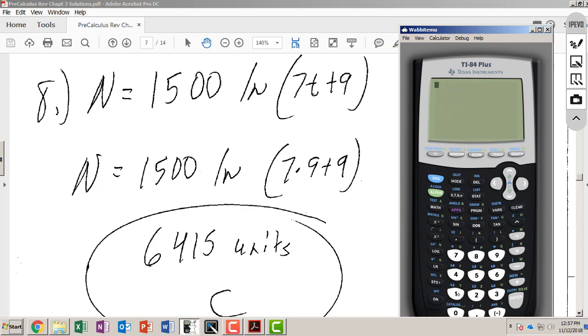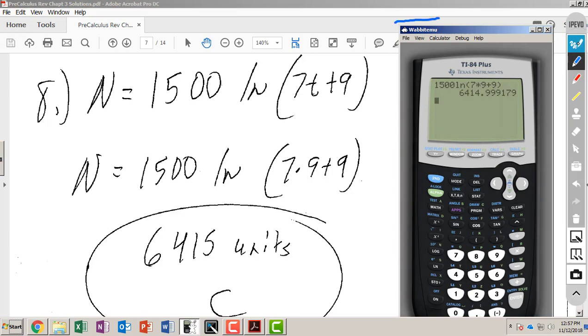So I've got 1,500, and then ln, and then type in 7 times 9 plus 9. Hit enter, and it looks like your answer comes out to be 6,414.99. So that's going to round off to 6,415 units. So that answer looks like it's going to be C.